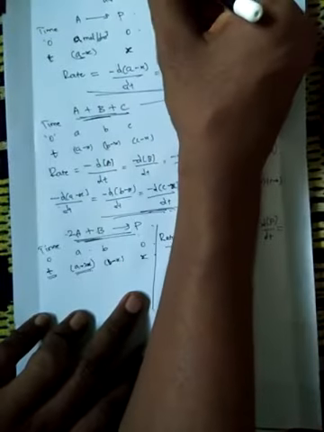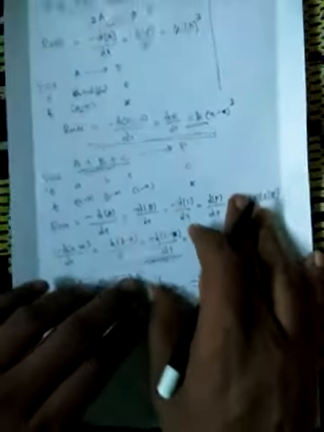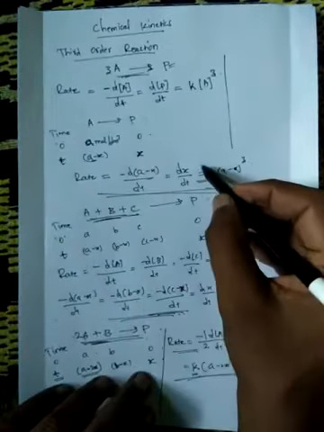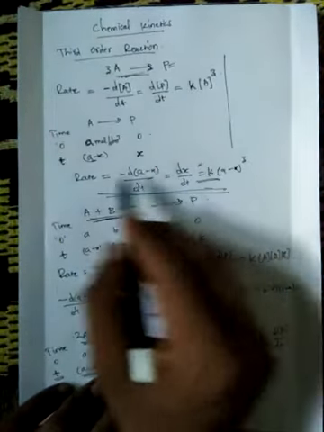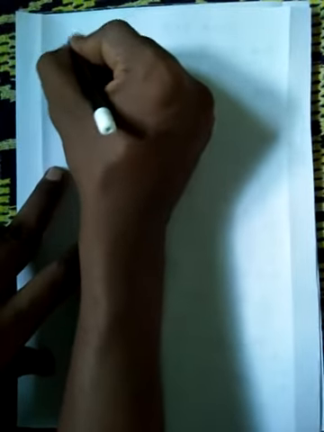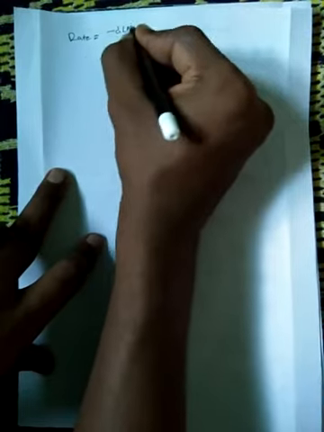I'll take a simple reaction, this simple reaction, and then I know its rate equation expression. I'm going to integrate this equation. Okay, let me write that: rate equal to minus dA by dt.